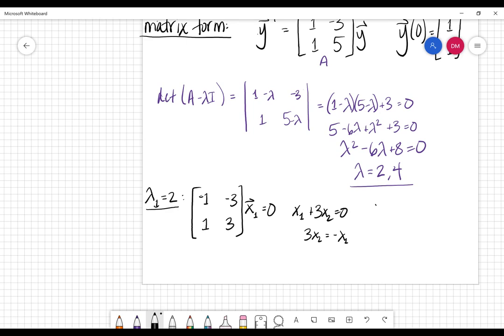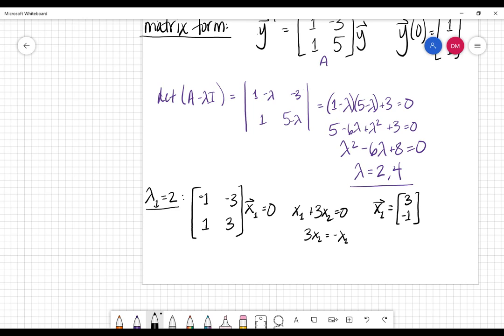So I chose the eigenvector for x1 that looks like 3, -1. If I just make x2 equal to -1, then I can make 3 times -1 equal a negative x1, which would be 3. Okay, so that works for that one.